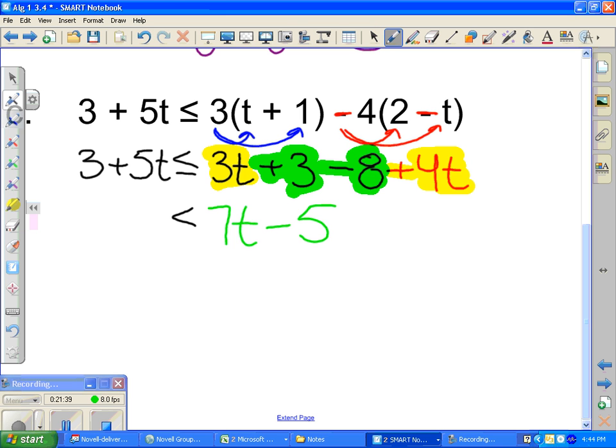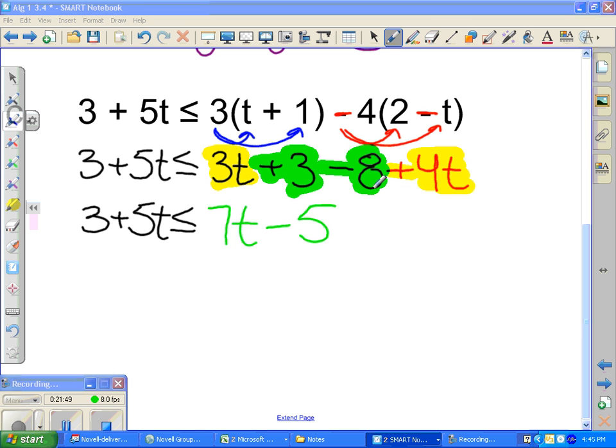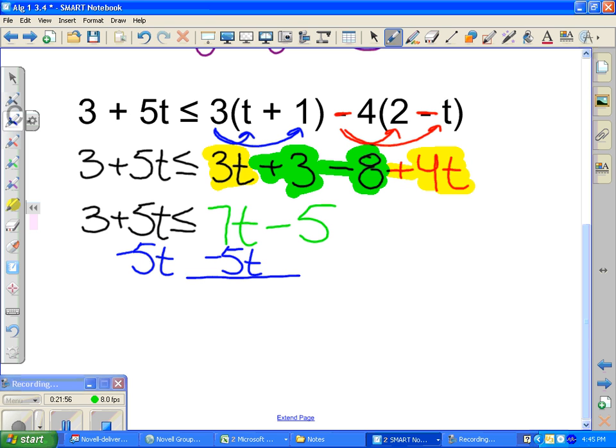And again, nothing happened on the other side. Now we can take a look for the smaller variable. The smaller variable is, right, 5t. So we're going to subtract 5t. So 3 is less than or equal to 2t minus 5.